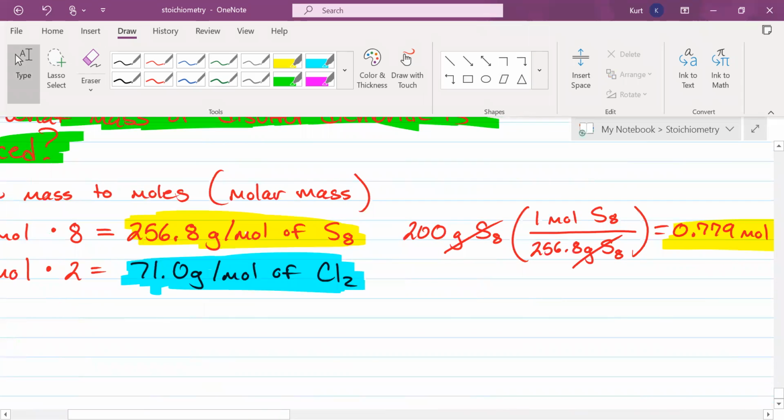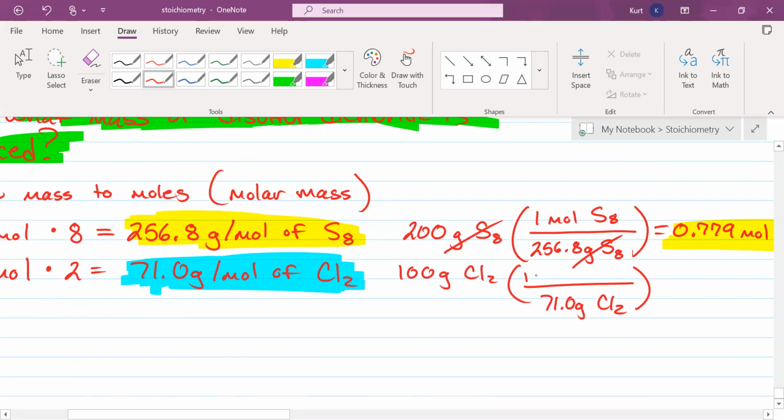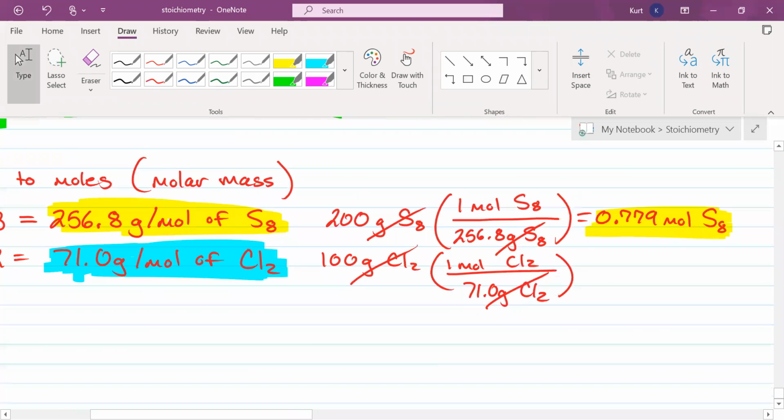How many grams of chlorine were we given? 100 grams of chlorine. So we have 71.0 grams of chlorine on the bottom, 1 mole of chlorine on top. 100 divided by 71. I got 1.41 moles of chlorine.